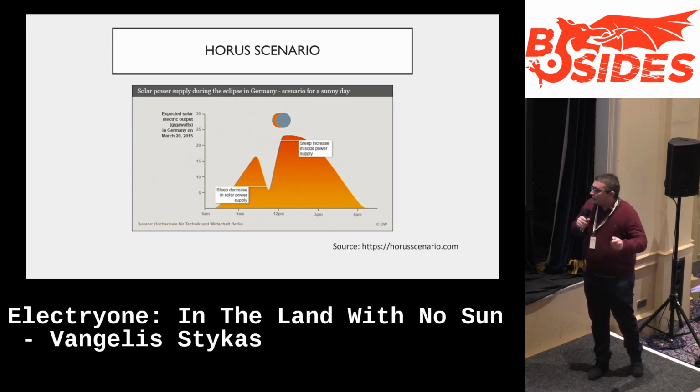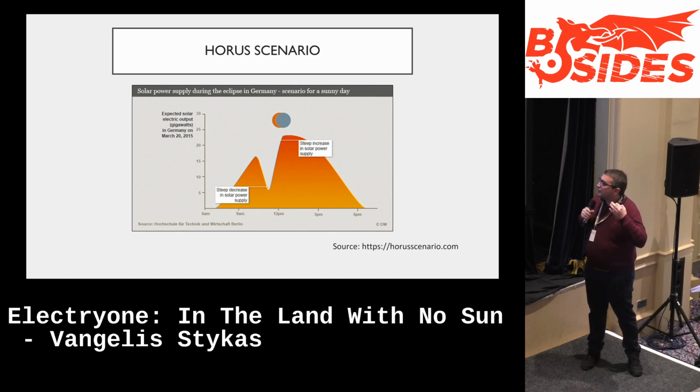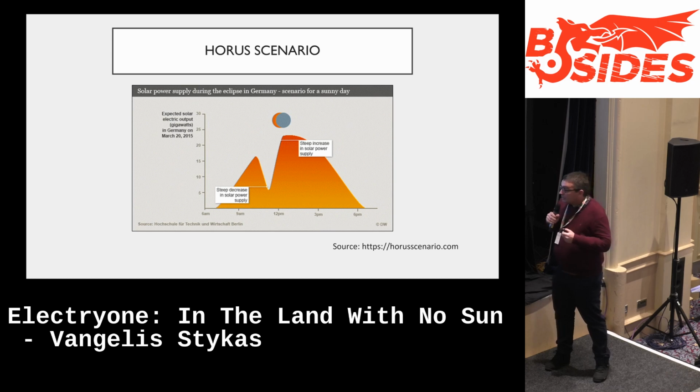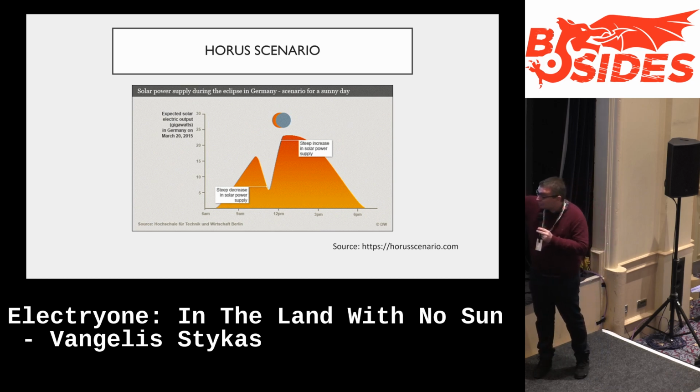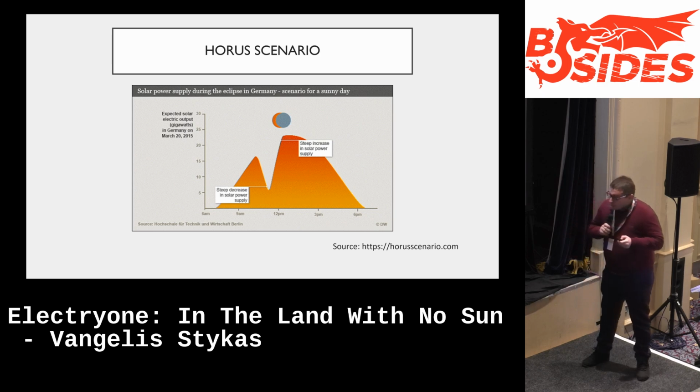This is the theoretical proof of how the Horus scenario is going to take place, and it's based upon a solar eclipse that happened in Germany in 2015. You can see the steep decrease in solar power supply and the steep increase after the solar eclipse has happened.